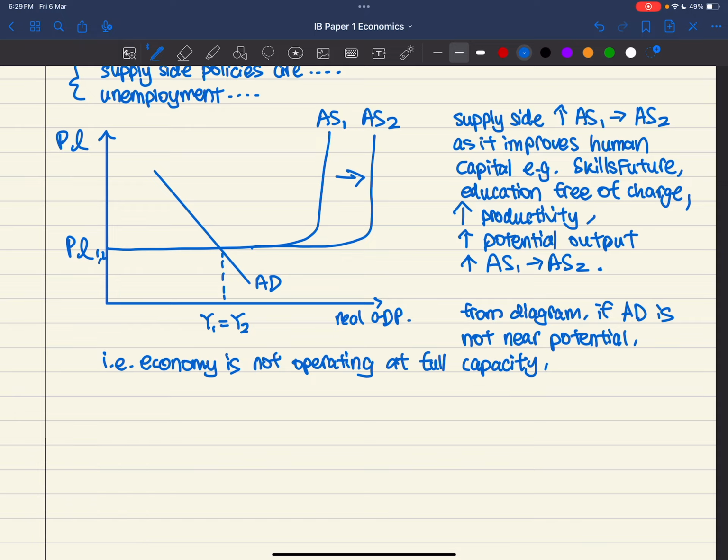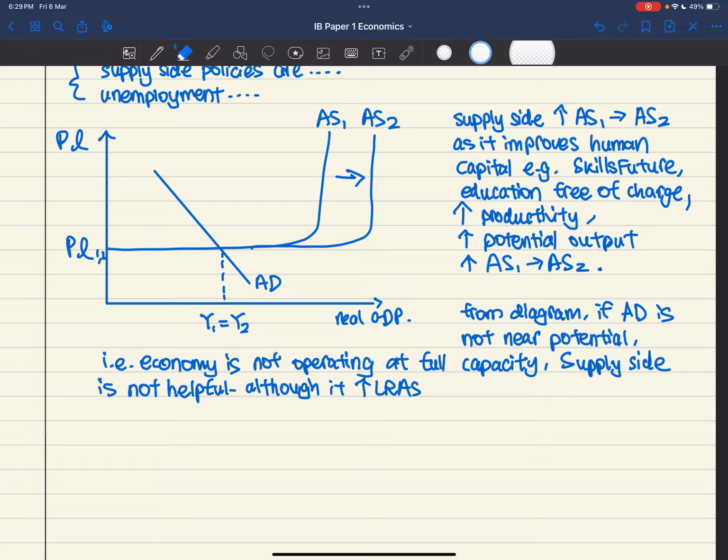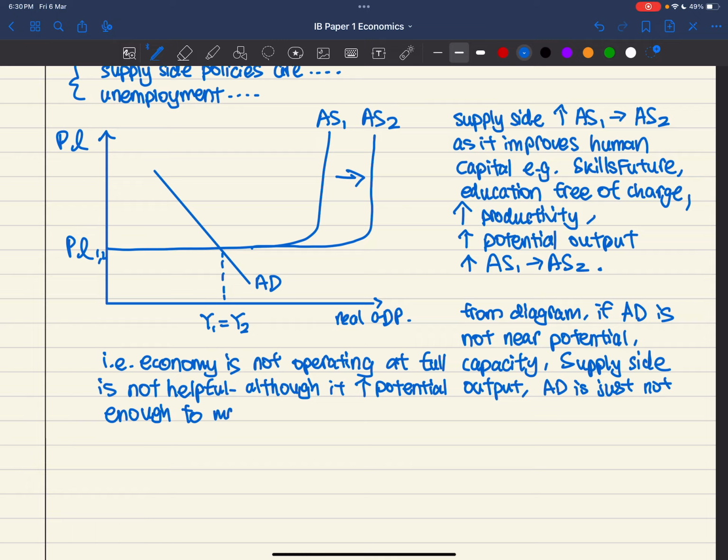what happens then? Actually, supply side is not helpful, right? Although it increases LRAS, or rather in Keynesian, potential output, AD is just not enough to support it, or to make use of that. So you can also say imagine AD is here.